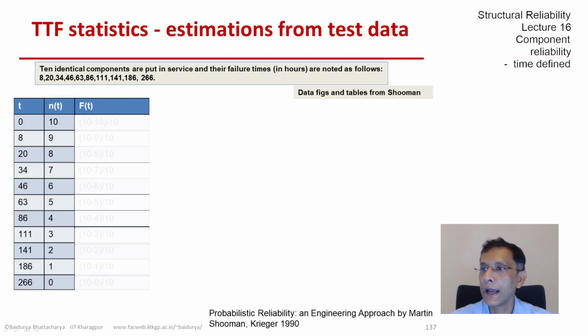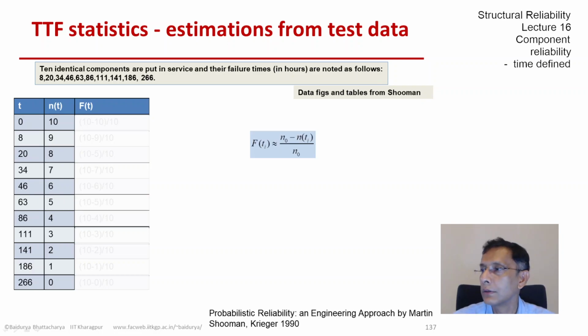So we have T starting from 0 all the way up to the last failure time, 266 hours, and the number of surviving elements drops from 10 all the way to 0. The number of surviving elements is 10 at t equals 0, obviously, and there is no surviving element at time 266. So first we are going to estimate the CDF of T, capital F.